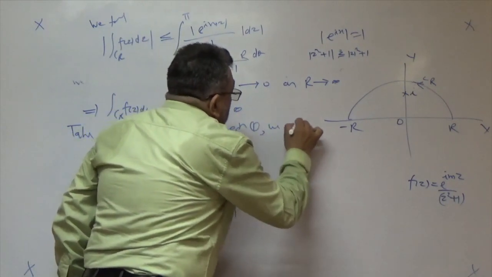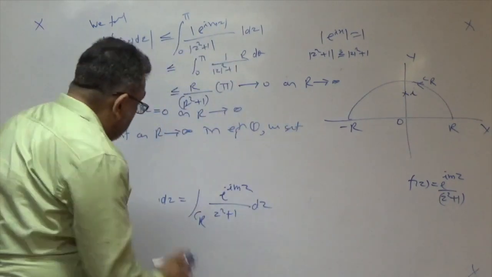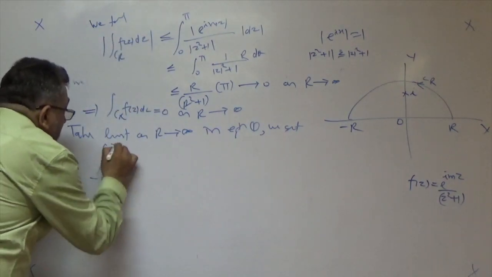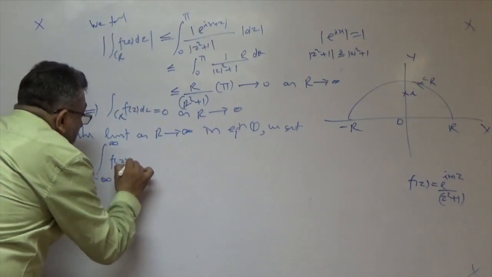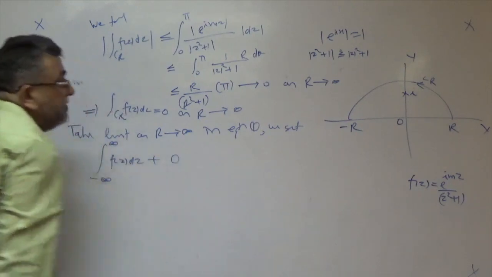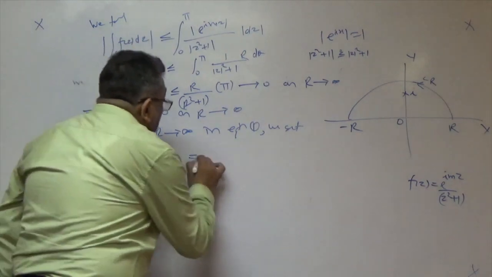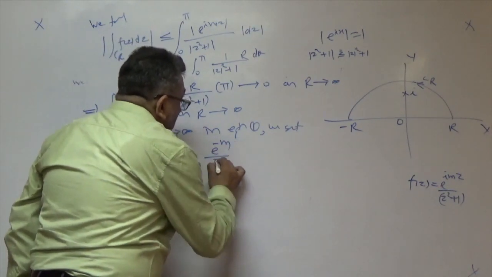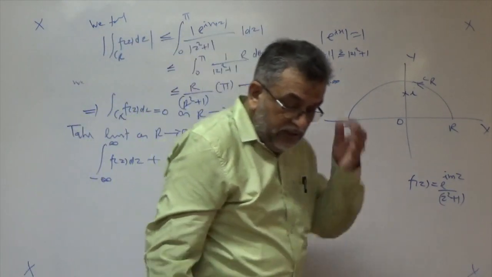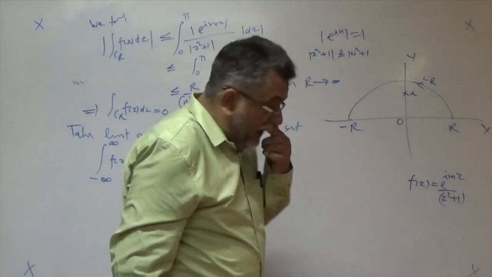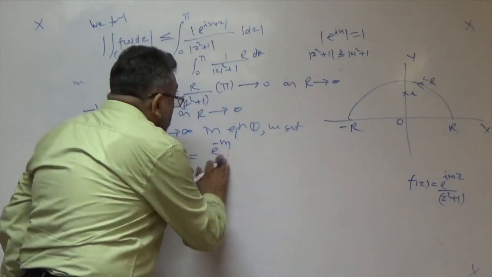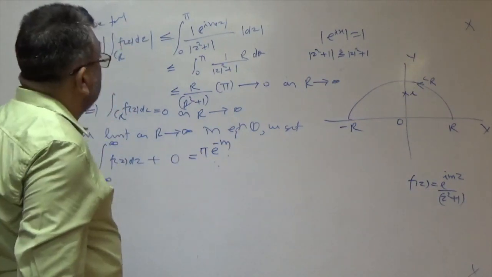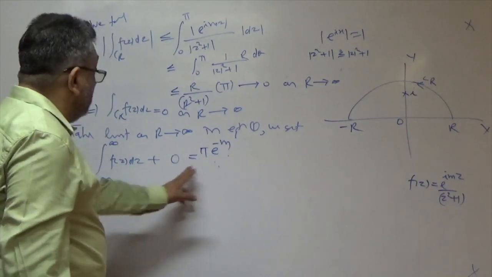We get the first integral, from minus R to R, becoming minus infinity to infinity of f(z) dz. The second integral is 0, and the third value is pi e to the power minus m.